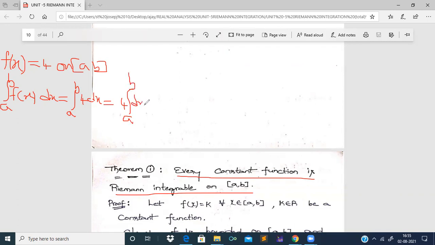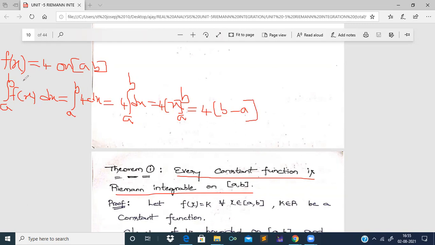Now, what is integral dx? It is x, and we put 4 outside the integral. Therefore, we get 4 into x over limits a to b, which is 4 into b minus a.